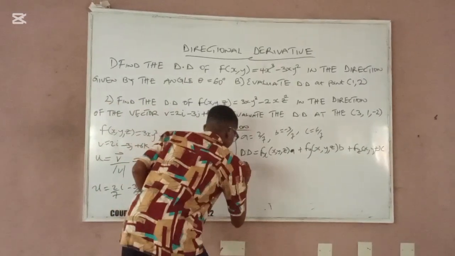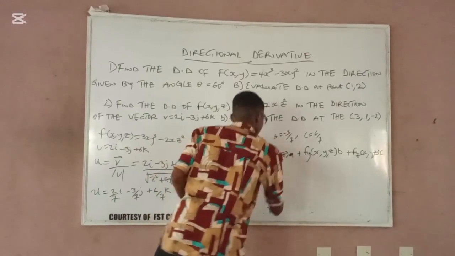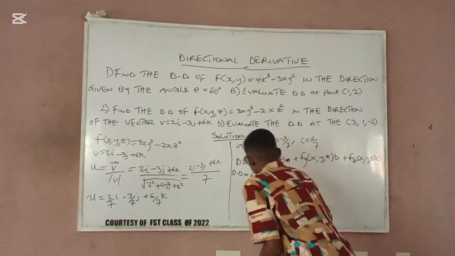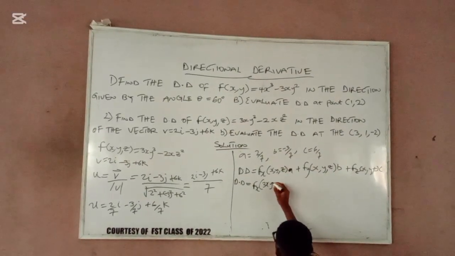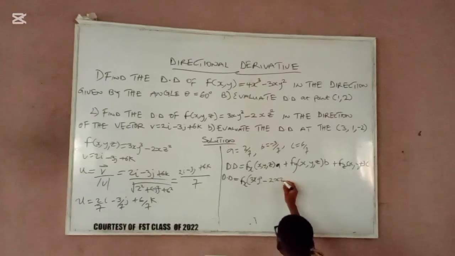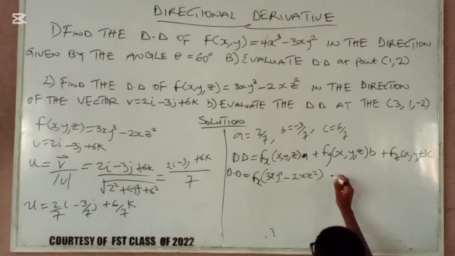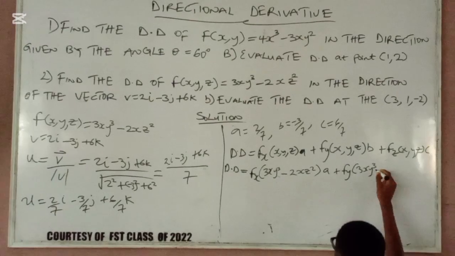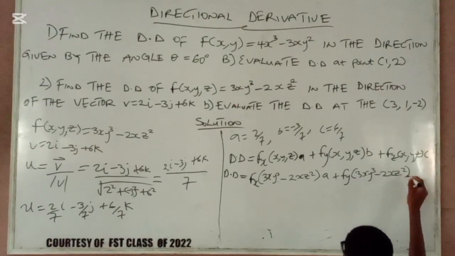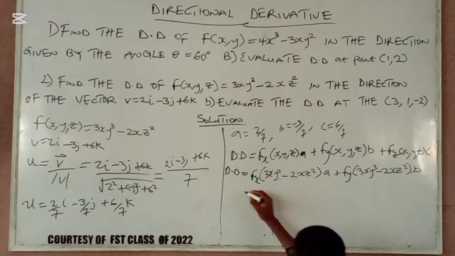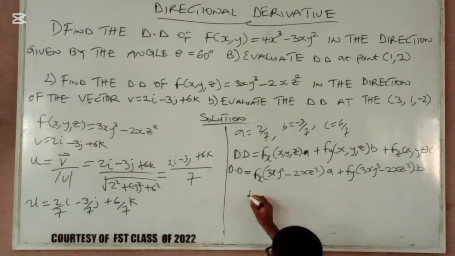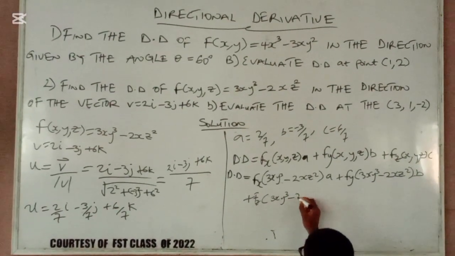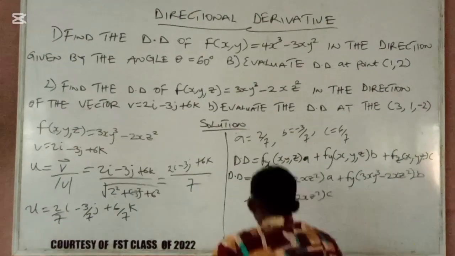So now our directional derivative equals f of x of 3xy^3 minus 2xz squared times a, plus f of y of 3xy^3 minus 2xz squared times b, plus f of z of 3xy^3 minus 2xz squared times c.